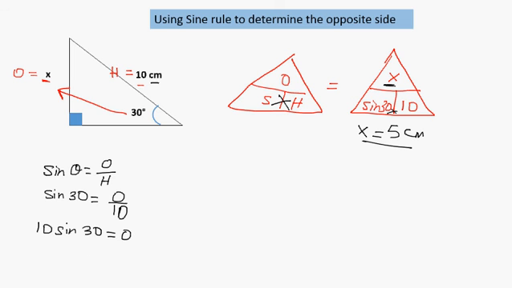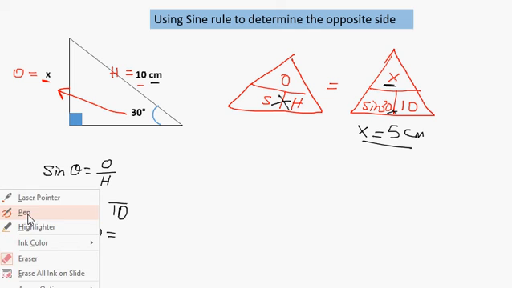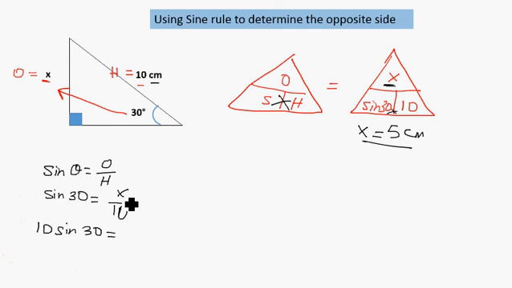Opposite in this case is not that, so we are just going to change the opposite here to the letter we're trying to find, which is x. So now we can say x is equal to 5 cm.